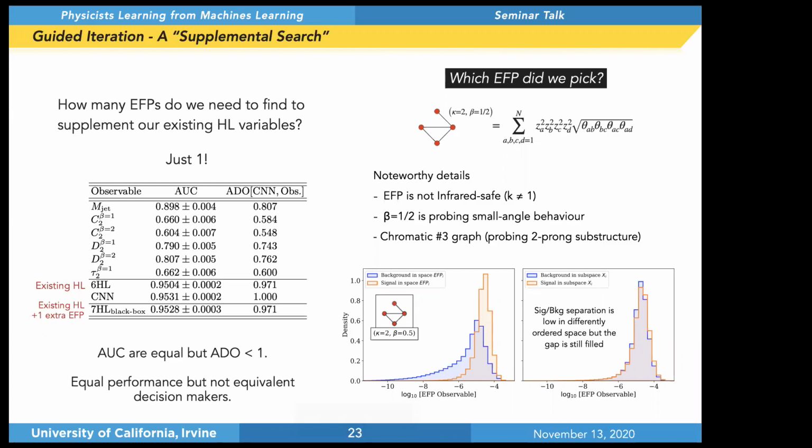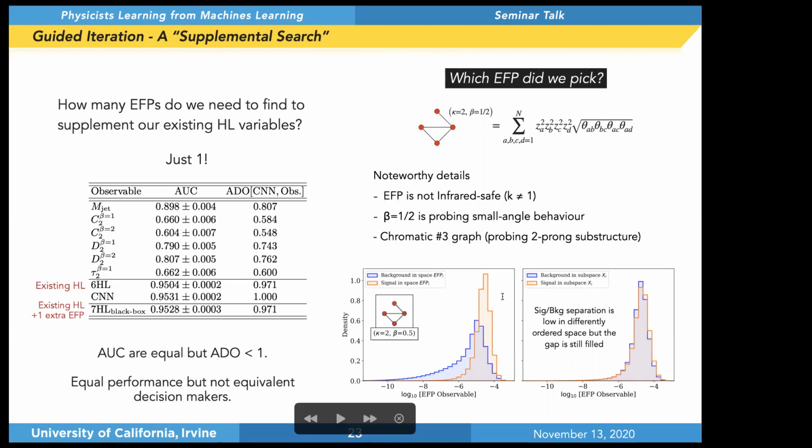The chromatic number minus 1 is the number of prongs that graph is sensitive to. So a chromatic number 3 graph is sensitive to a 2-prong jet image. The fact that it's chromatic number 3 tells you that the EFP it selected is sensitive to the fact that it's a dijet problem rather than, say, a monojet.